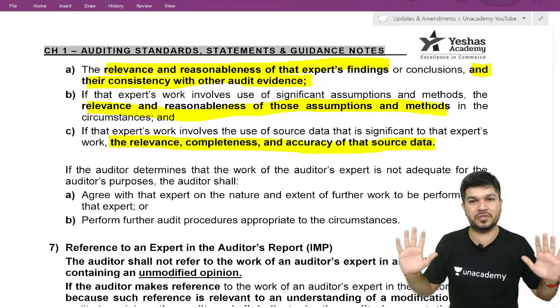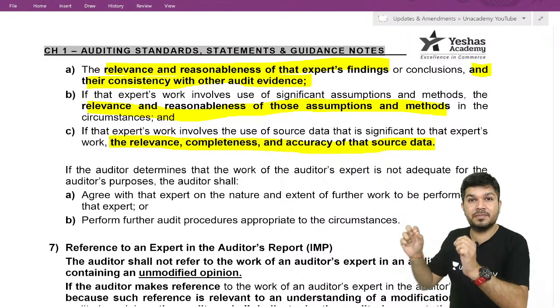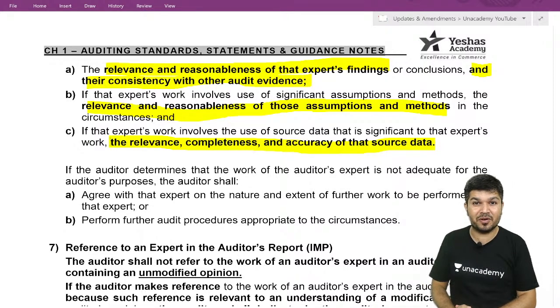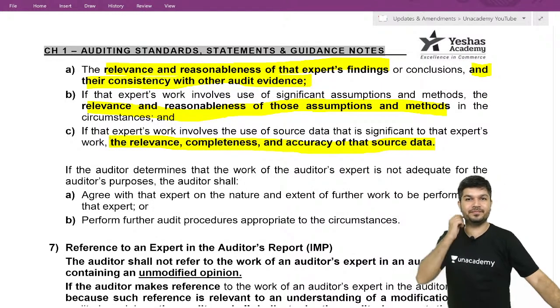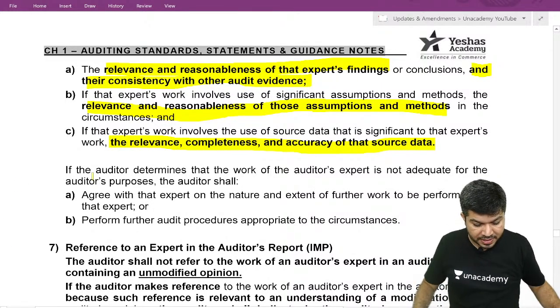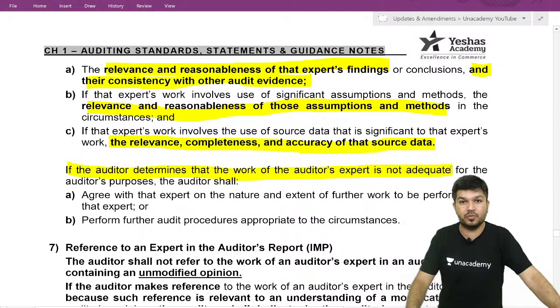Now, pay attention. If you feel the work of the expert is not adequate, if the auditor determines that the work of the expert is not adequate, what shall I do?